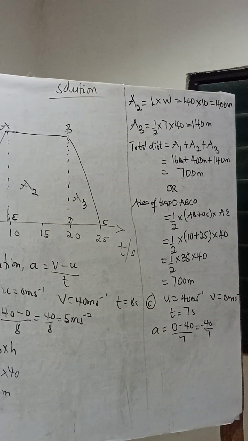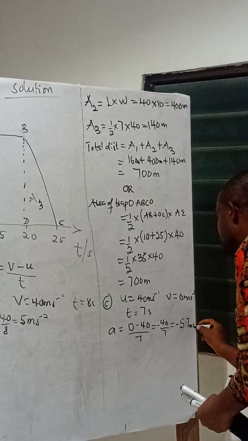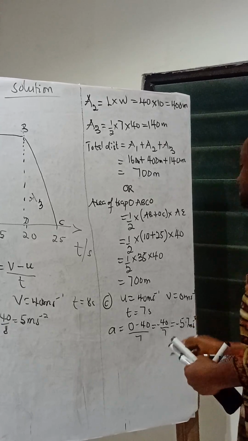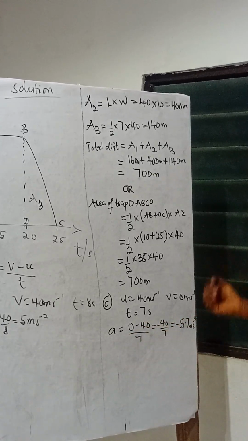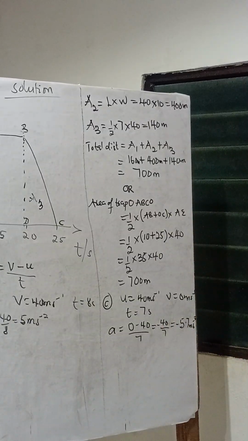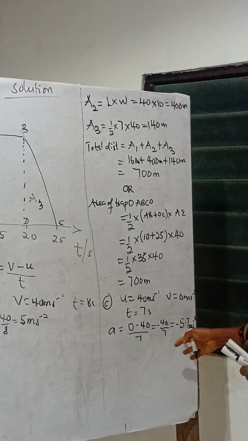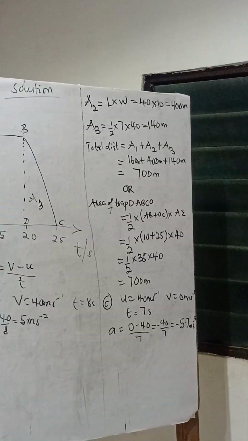Negative 40 divided by 7 gives me negative 5.7 meters per second squared. Remember, deceleration is the negative of acceleration. So the deceleration of the body was 5.7 meters per second squared.